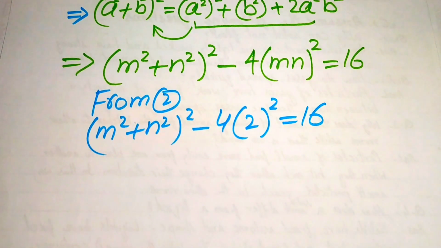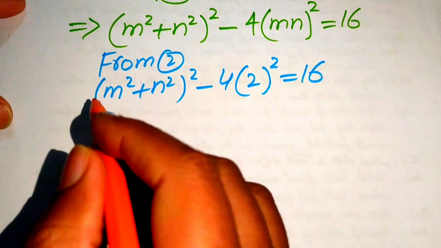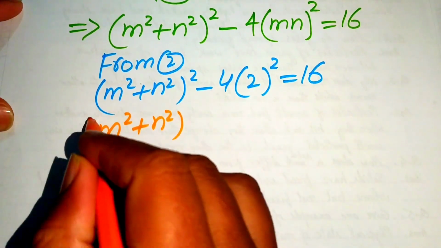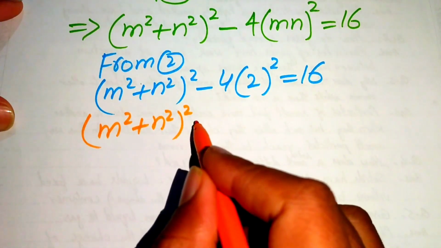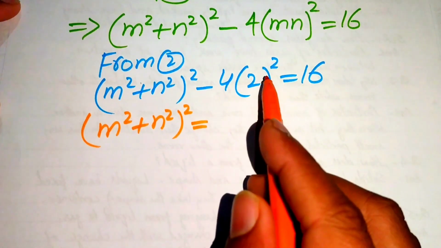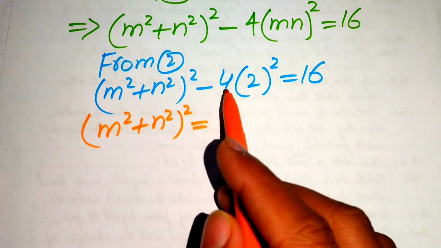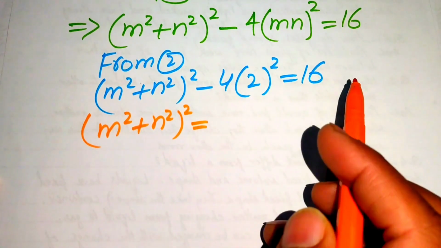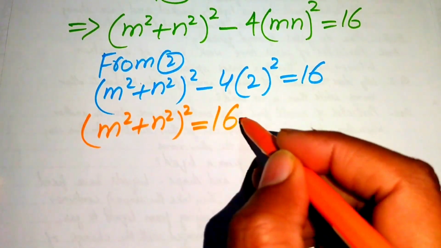Here we just put the value of m n, and now we simplify the equation. We have m square plus n square and its whole square equals, here 2 square becomes 4 and 4 times 4 equals 16, and this is minus 16. When we move it to the right hand side it becomes plus 16.